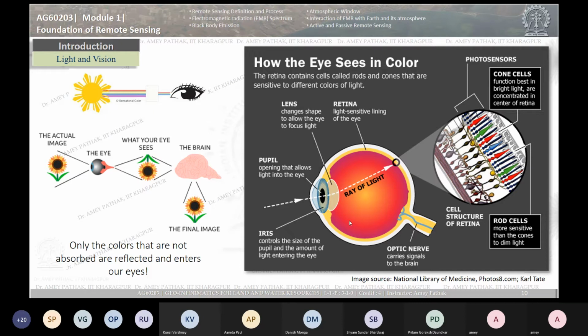Once this is collected through the optic nerve, the signal is sent to the brain in order to interpret that image. So in our human eye, we have three sensors which are able to perceive red, green, and blue, and also not only the color but also the intensity through the rod cells.